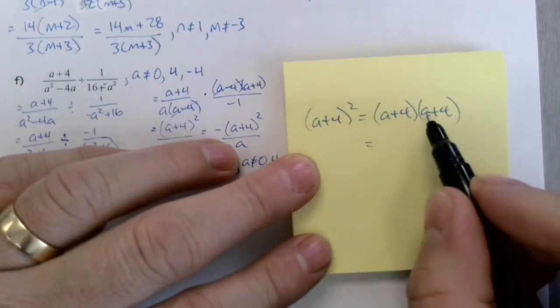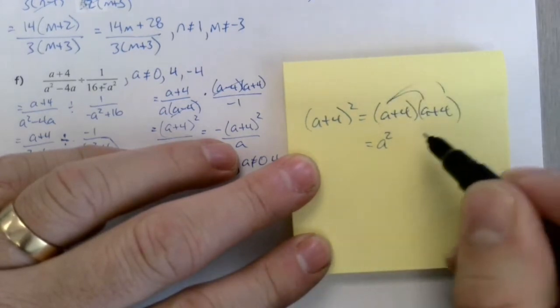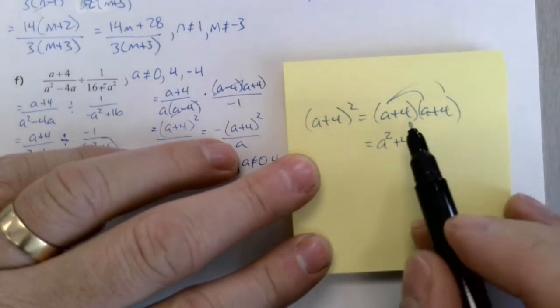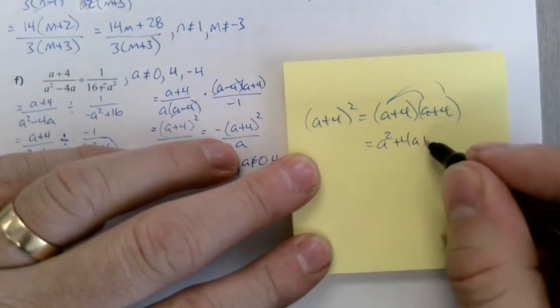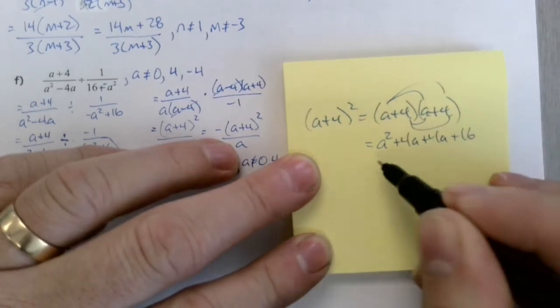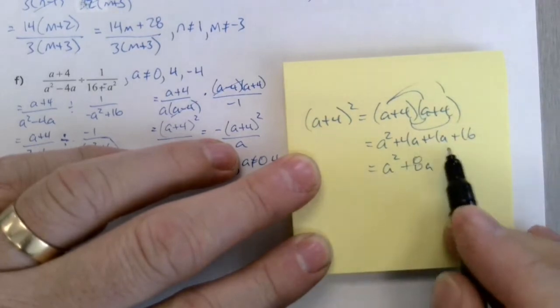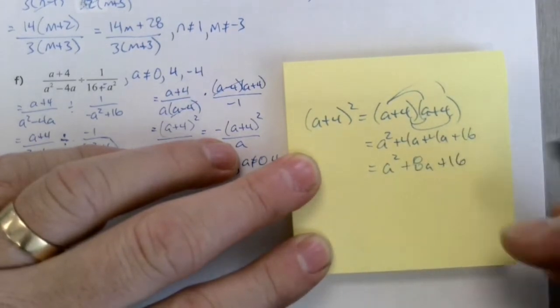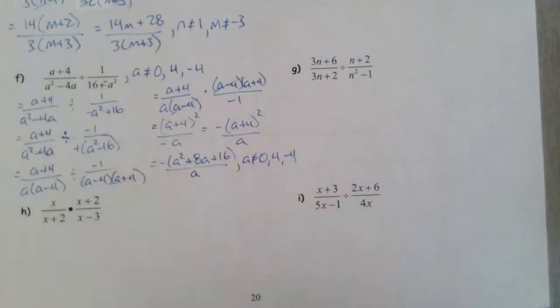So the a gets multiplied by a to give a squared. The a gets multiplied by 4. Then this term gets multiplied by every term over here. So 4 times a is 4a. 4 times 4 is 16. So a squared, there are now 8 a's there, plus 16. And that's where that 8a came from. Okay, so there you go.